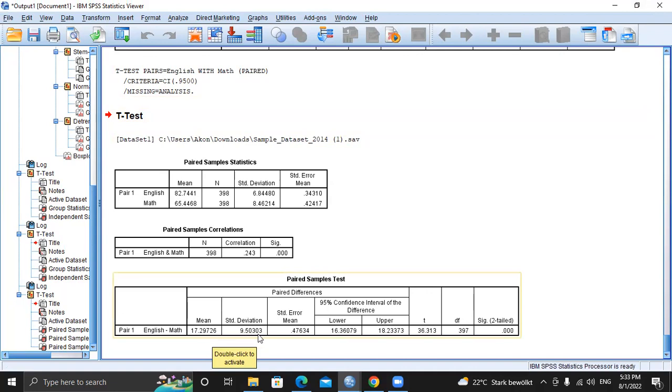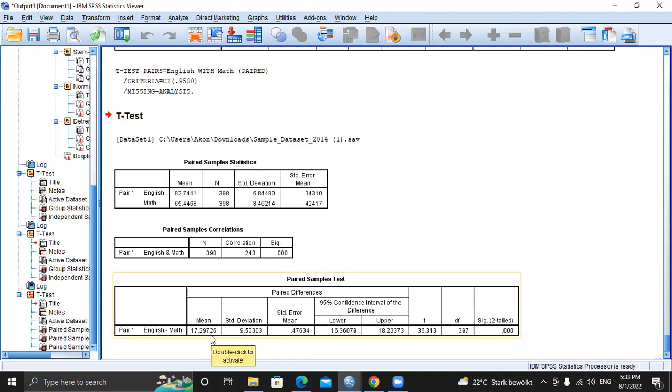So the approach of reporting is the same. You need to establish your descriptives, bringing in the variance, mean, and standard deviation, right? So you can give their level of similarity, which is established by correlation, and that correlation is significant. Otherwise, you can still ignore that. Then you present the mean difference for the two scenarios.